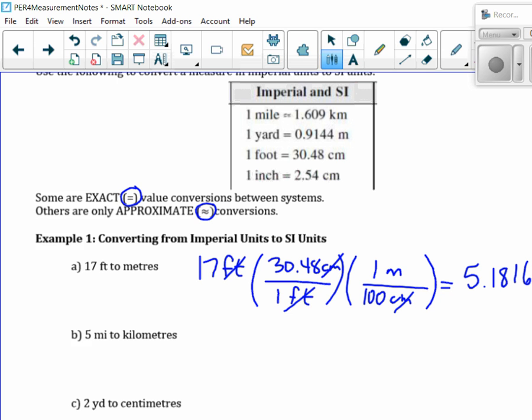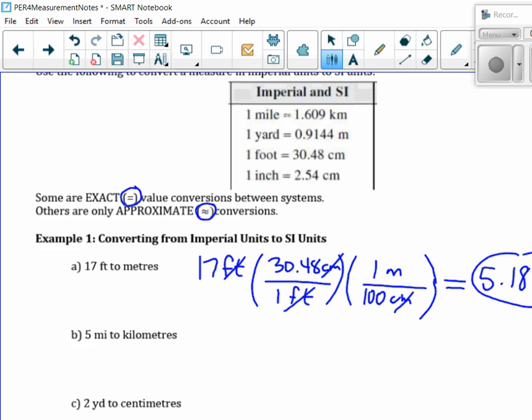Really, instead of an equal sign there, I should have an approximate. You won't lose an error code if you're not using equals versus approximate. But anyways, there's your meters.